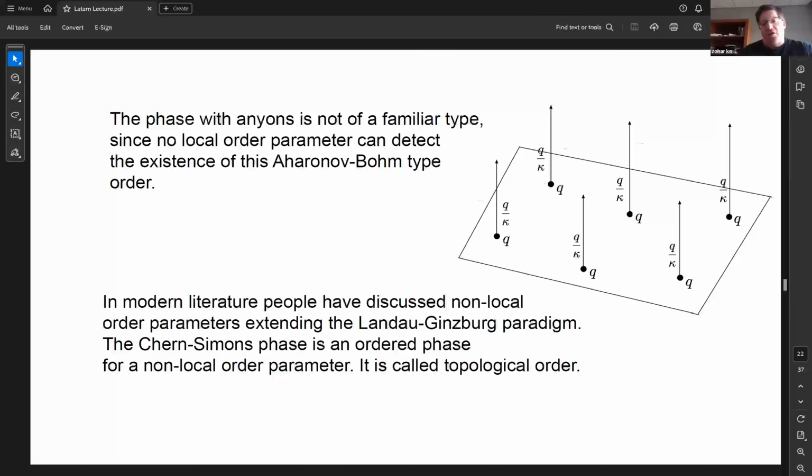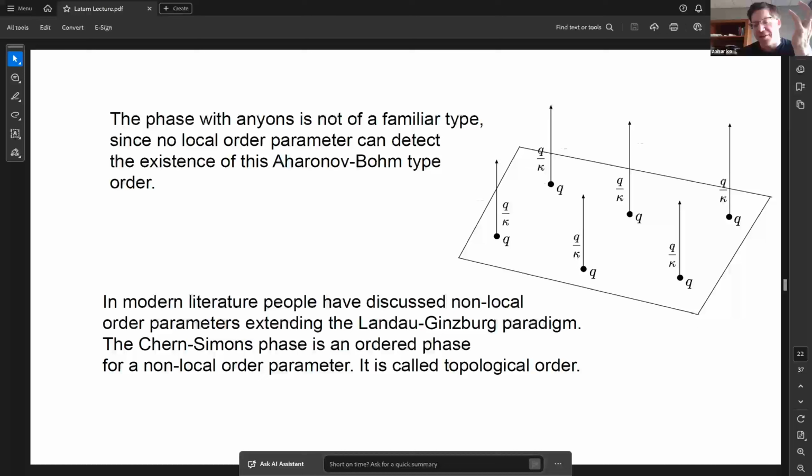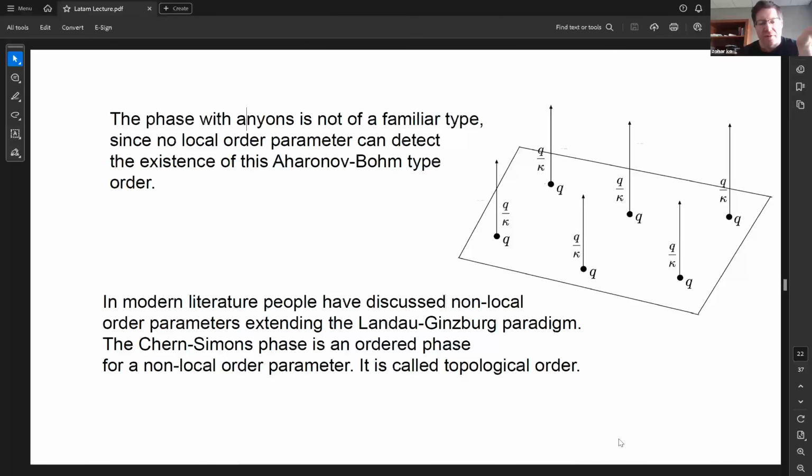And the theory of anyons just blew this whole logic out of the water, I think the expression goes. Because the theory of anyons is on the one hand non-trivial, it's ordered in some sense because there is this solenoid and there is this multi-valued wave function and people use it for quantum computation. So you cannot just say that the theory of anyons is trivial with nothing going on.